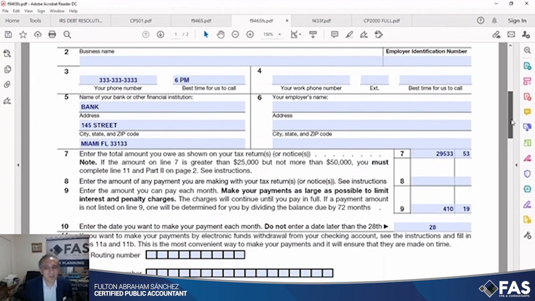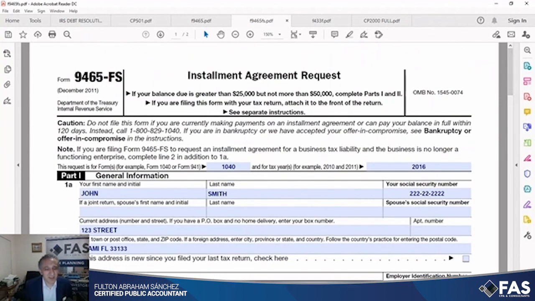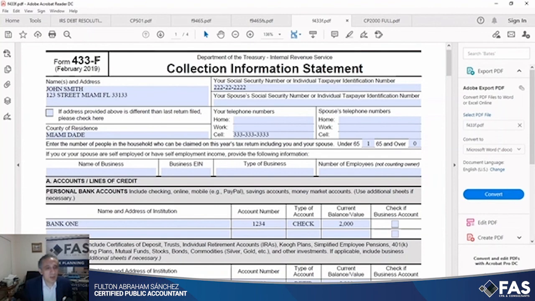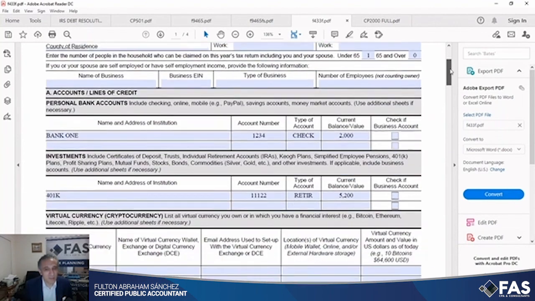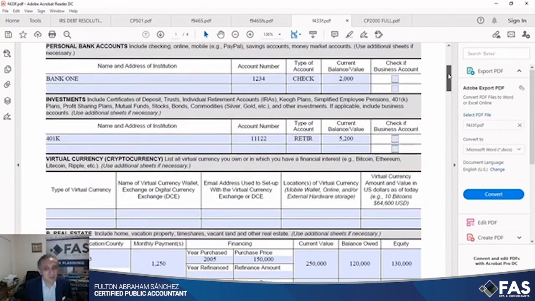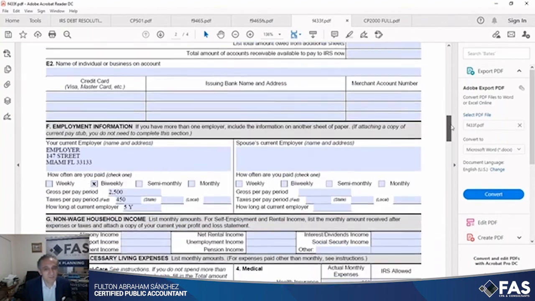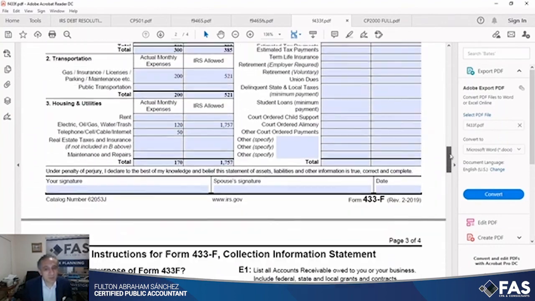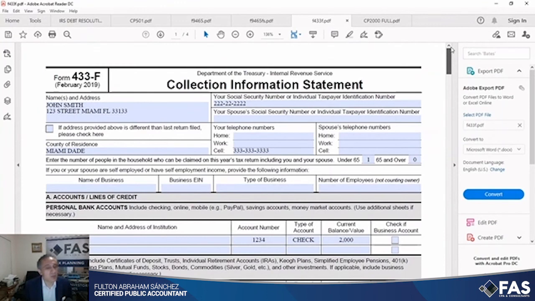But if you want to pay less and you know that you have enough money to pay, the IRS will require Form 433-F, and in that form you have to attach backups to every single line that you filled in to prove to the IRS that you cannot pay.